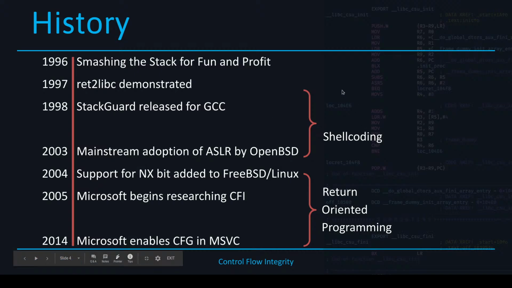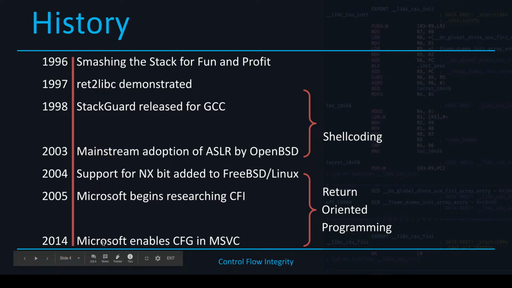But I think this is a really interesting way to look at control flow integrity as this game of cat and mouse, because we can see there was this era where shellcoding was the go-to method when you wanted to inject your own malicious code. And then a mitigation was introduced, and a new technique of return-oriented programming popped up, and suddenly that was the go-to way that everyone was using to inject their own malicious code.